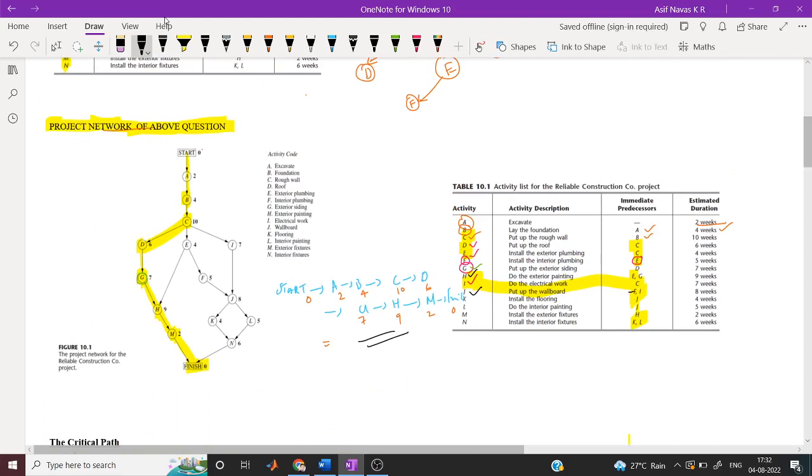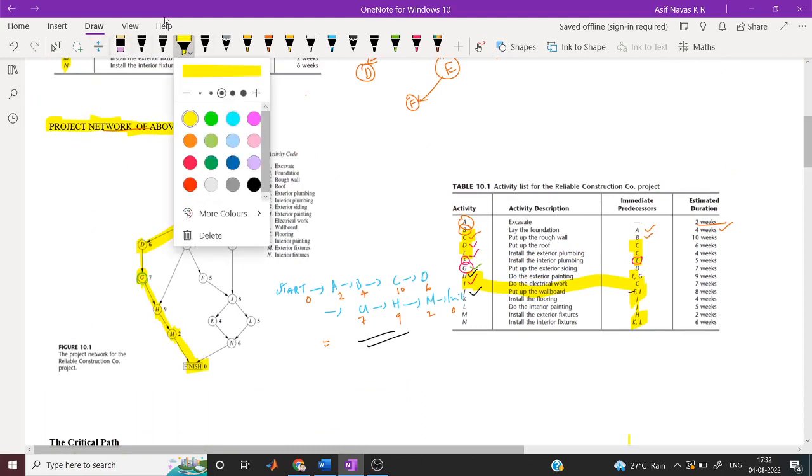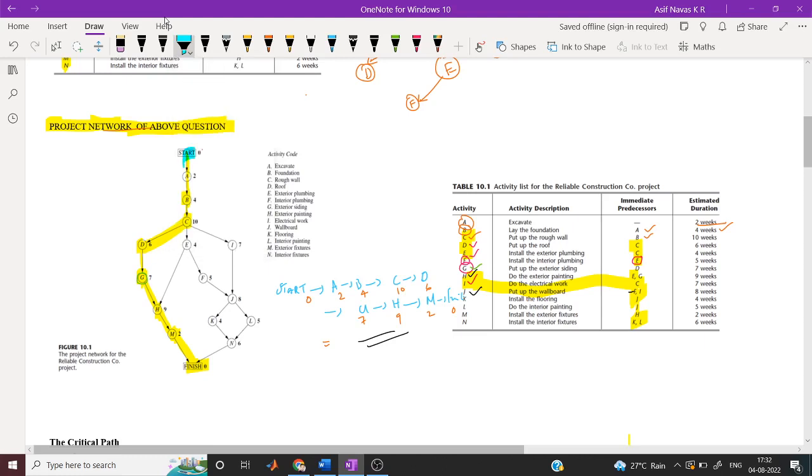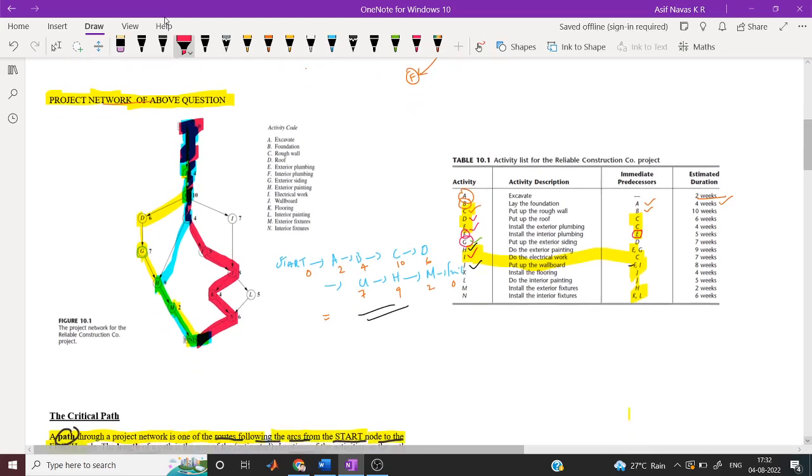Now similarly we can find another path. Start, A, B, C, then E, then H, then M, then finish. So there is another route. Similarly, start, then from here, this goes to here, here, here. So similarly, we can find all paths.